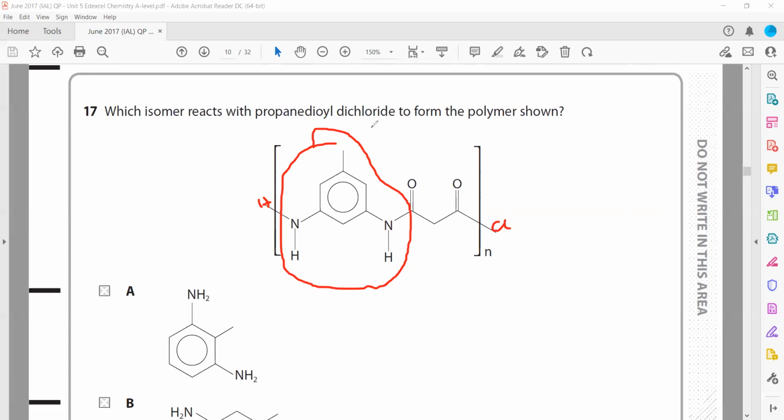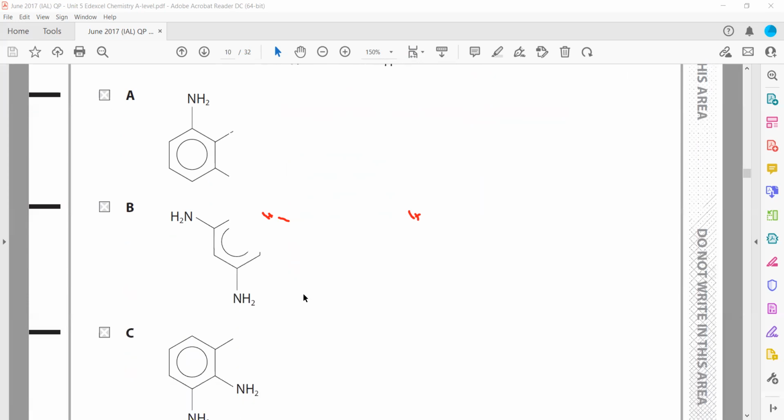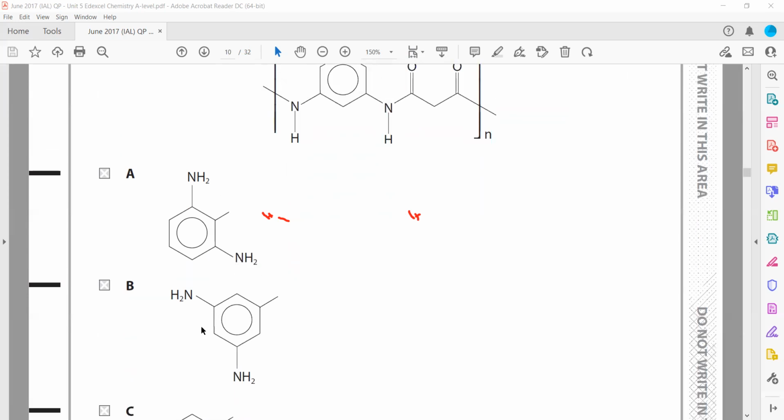Like which position? So this will be an amine, a diamine will be there. So which one does it match with, like one, two, one, two. All are equally positioned. So you can see here this one, one, two, one, two. So it matches with option B.